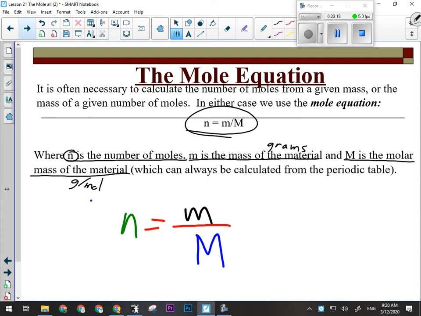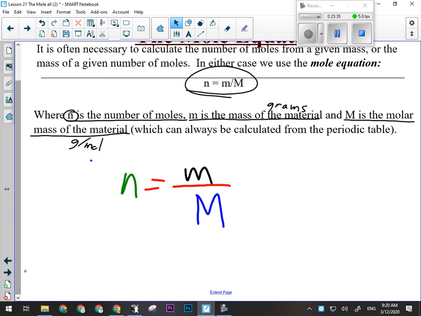I'm going to show you how you manipulate this equation. You're never going to have to manipulate it for capital M, because you always calculate capital M, the molar mass, using your periodic table. You probably learned somewhere along the way that there are little tricks for manipulating equations. Forget those tricks.